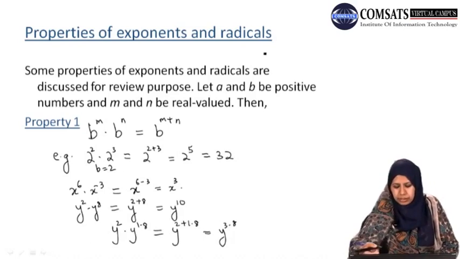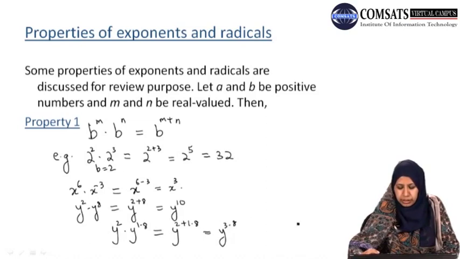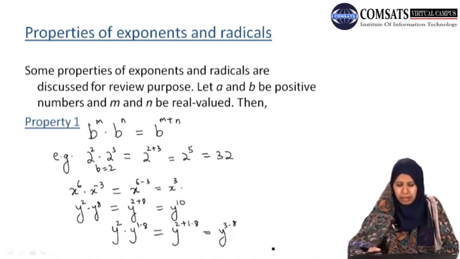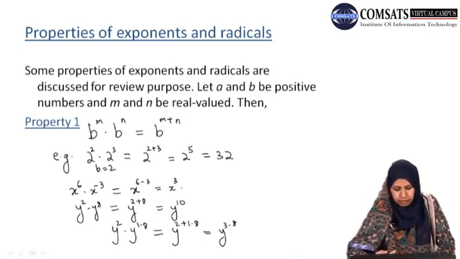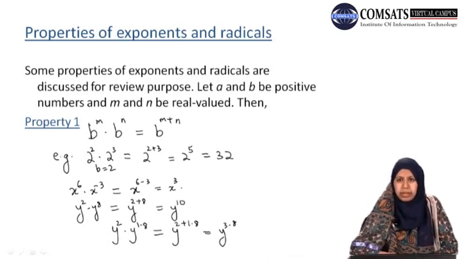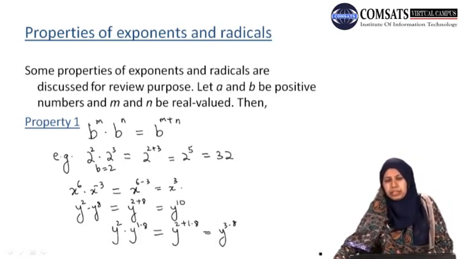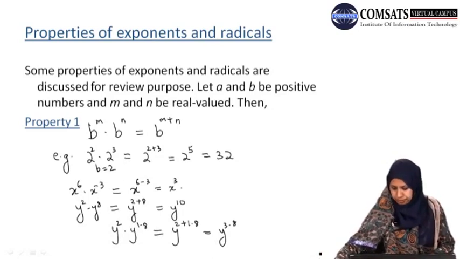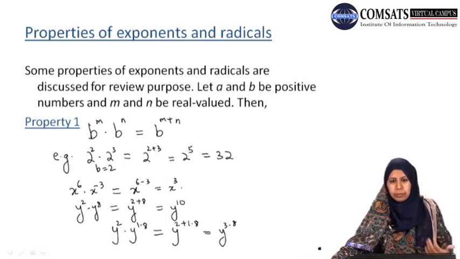If we look at the conditions, a and b, in this property we have only used b, they are positive numbers, and m and n are real valued numbers, which means that in our last example, y square into y to the power 1.8 is allowed. That is, the value of m and n can take any real value and not only positive integers or negative integers. So from this property, maybe you have recalled the other properties of exponents and radicals as well.